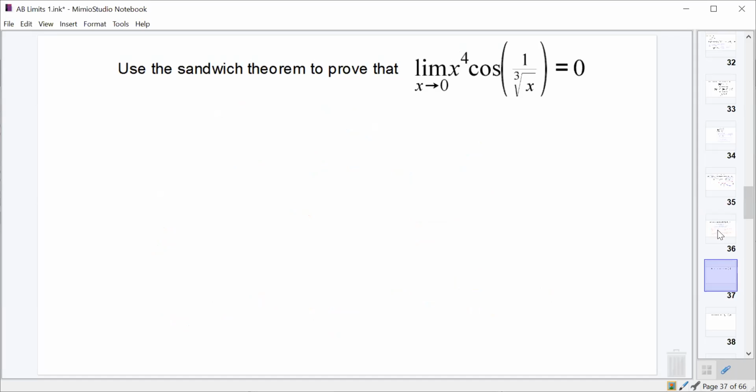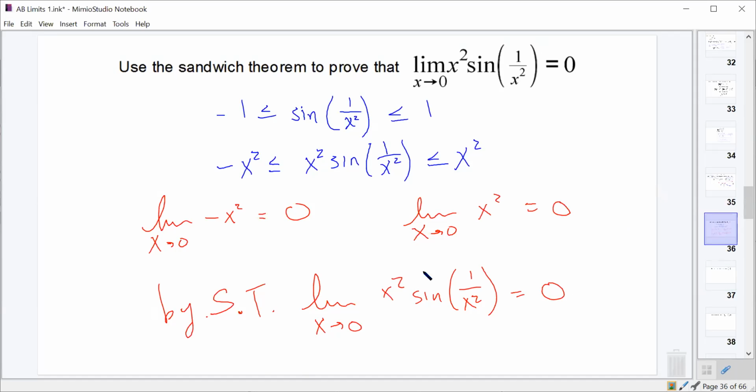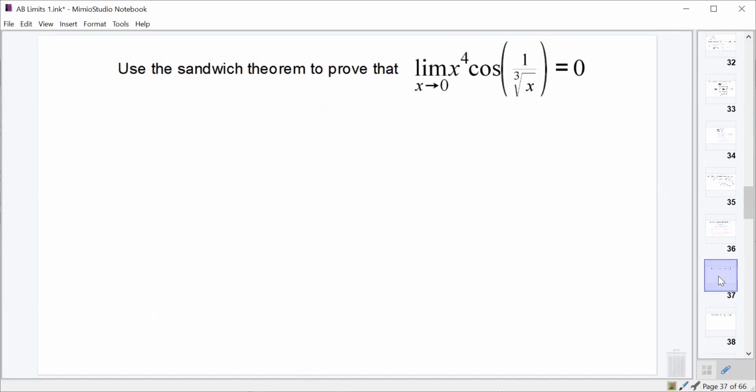I'm hoping that you can use this same idea of what we just did on this one to successfully solve this next one. Do you think that you can do that? Hopefully so. All right, I'm going to give you guys 2 or 3 minutes to work through that on your own, and then we'll talk about it and make sure you guys did it correctly. So ready to go.